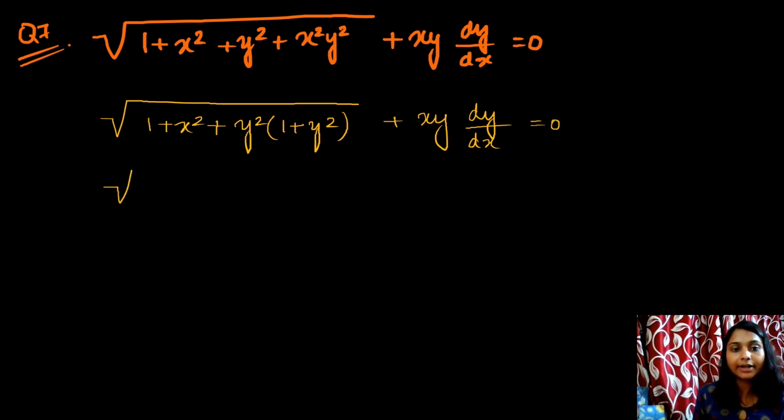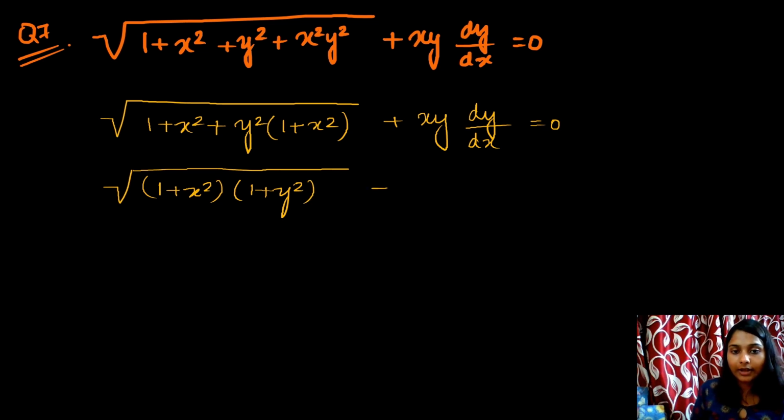It will give, sorry, it should be x square. So if we take x square common out, it will give 1 plus x square, 1 plus y square, and there is xy dy by dx equals 0.